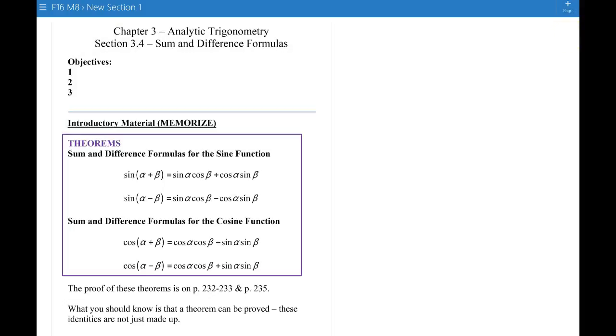So section 3.4 is the sum and difference formulas, some of the last things you are going to have to memorize. And what we're going to do with them is to use sum and difference formulas to find exact values.